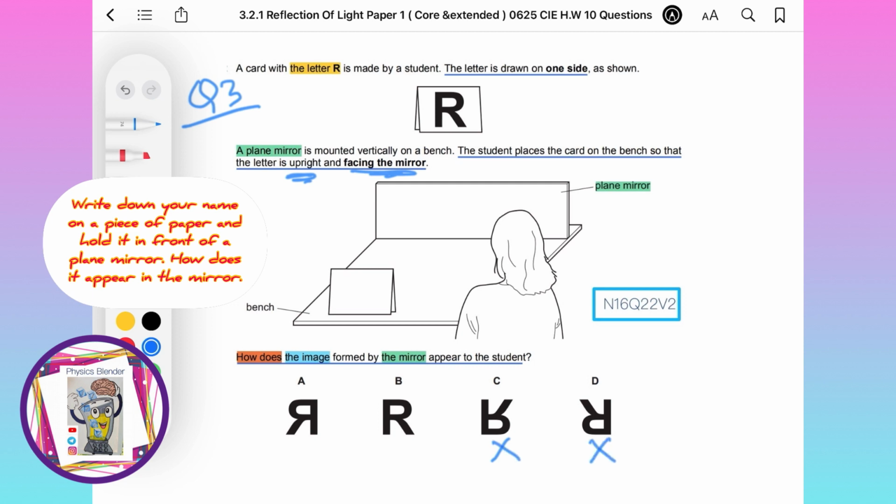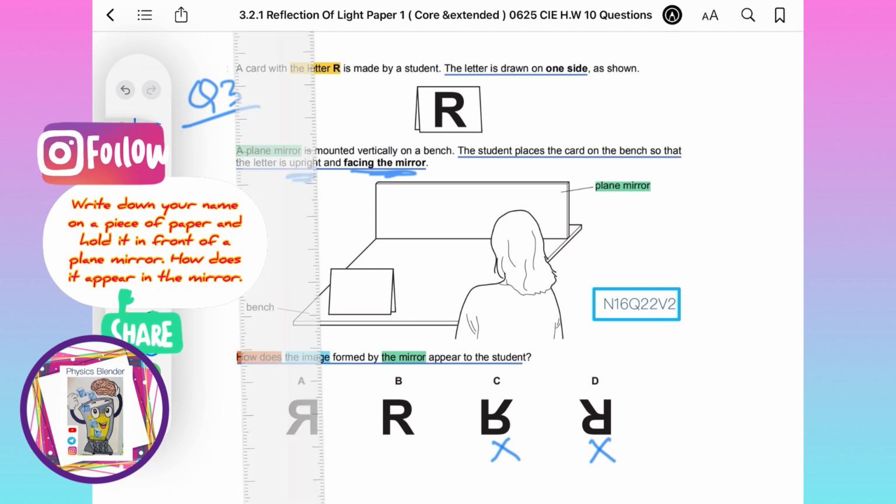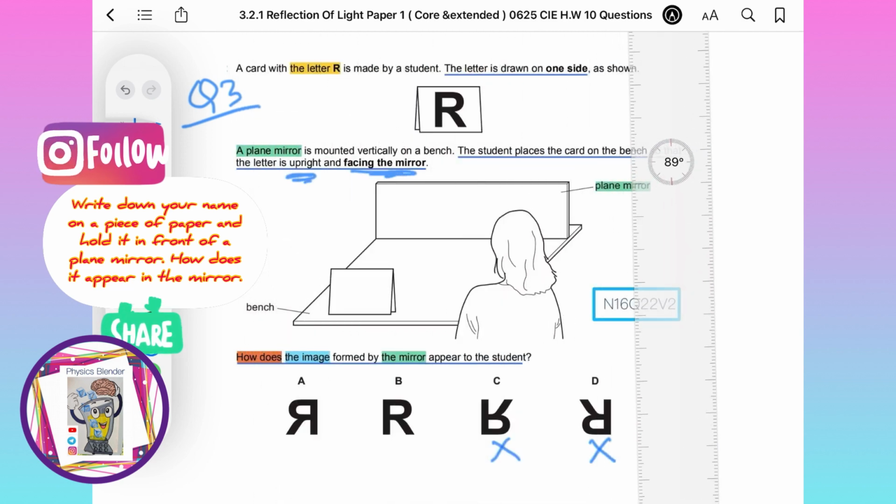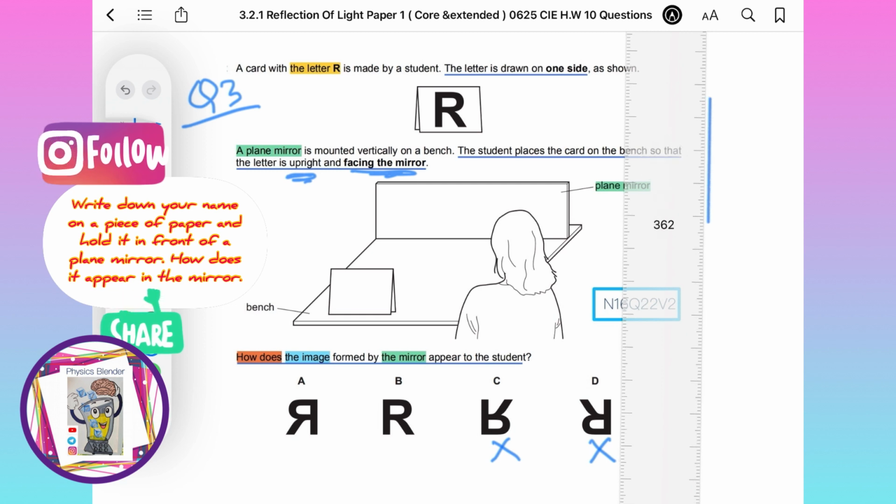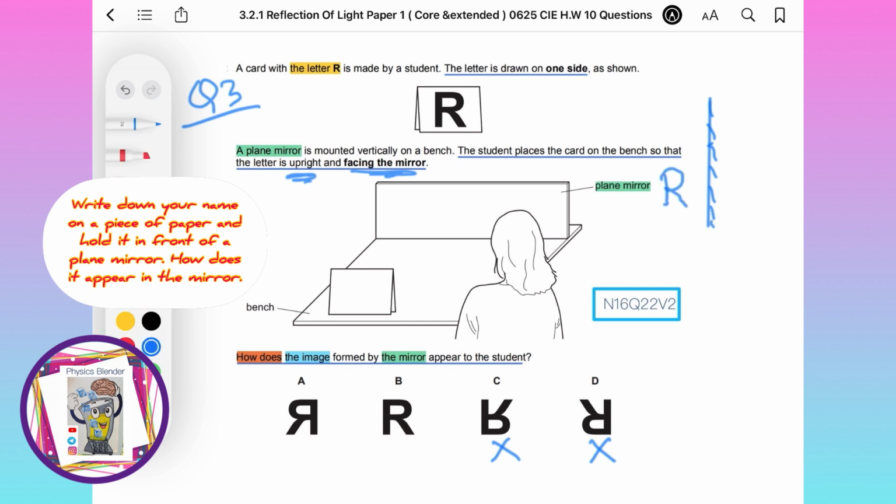Also here we have R, no change in orientation, but if you just draw the letter R at equal distance behind the mirror, it will look like this. So roughly the letter R, its image here, the answer is A.